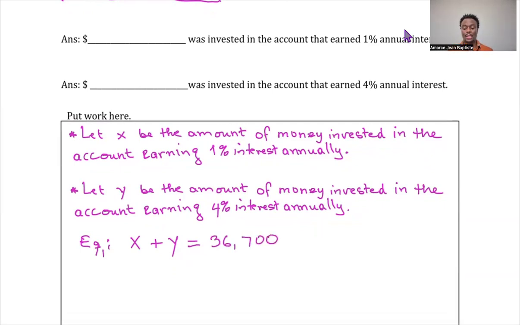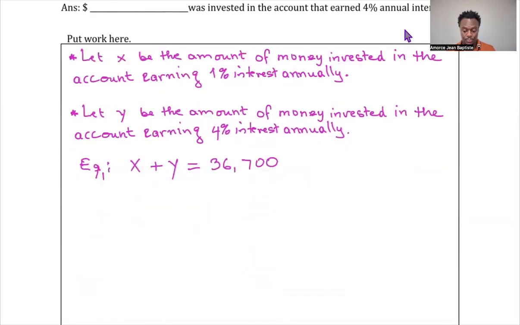Gabriel invested X into the 1% earning account, and then he invested Y dollars into the 4% earning account, which in total gives the total money invested, because he only invested the 36,700 in the two accounts.